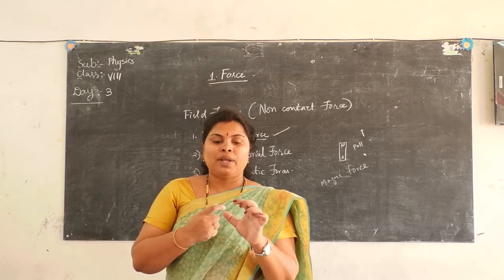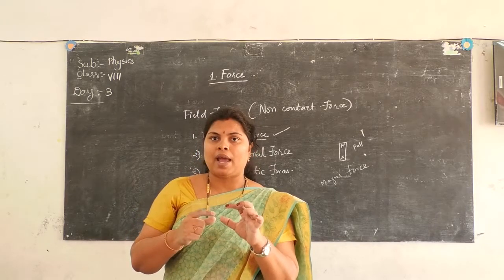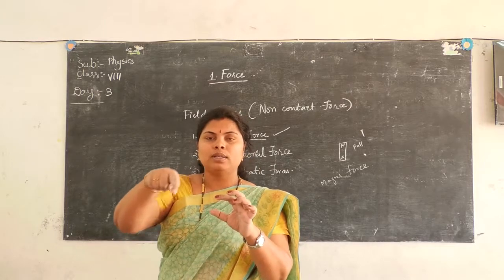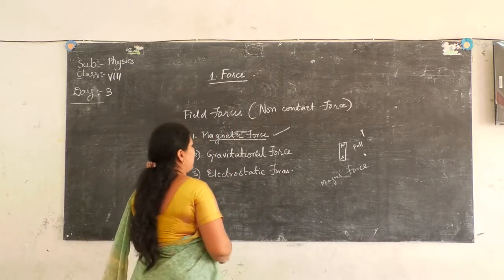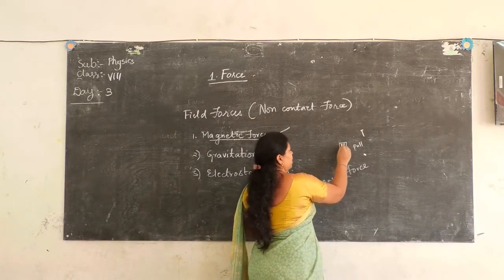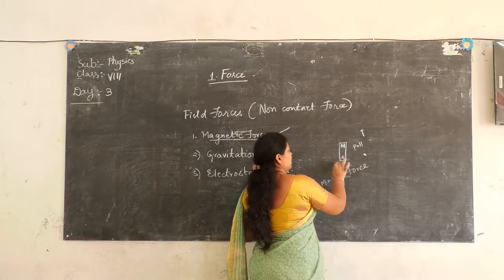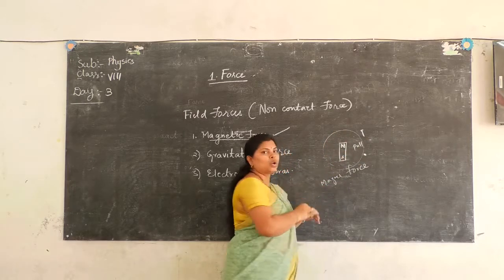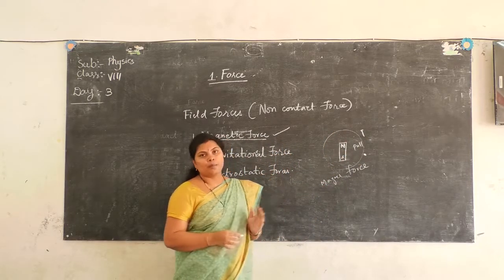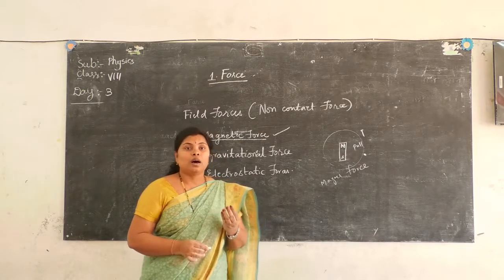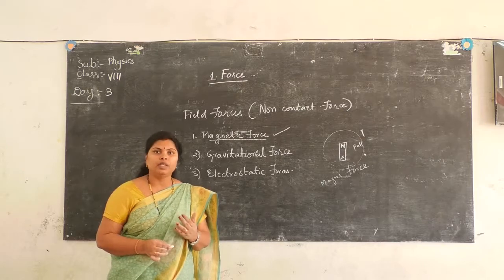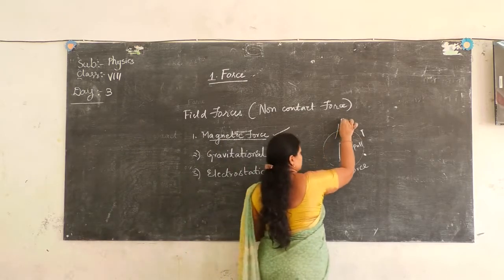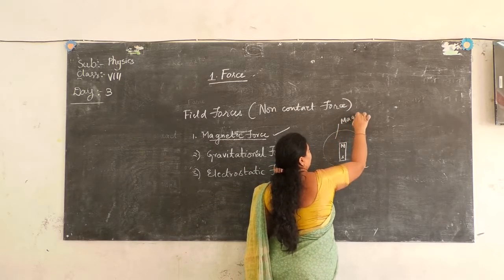No. That means magnetic force can act only in a certain area around your bar magnet. When the bar magnet is placed, there will be a certain area or space or region around the bar magnet where it can exert its magnetic force, and I call it the magnetic field.